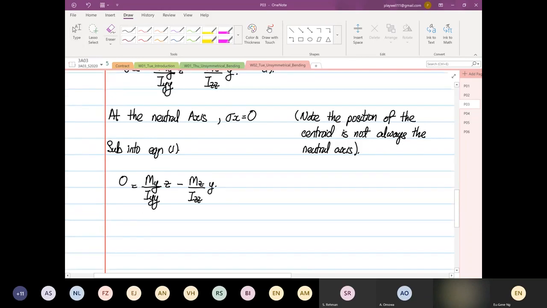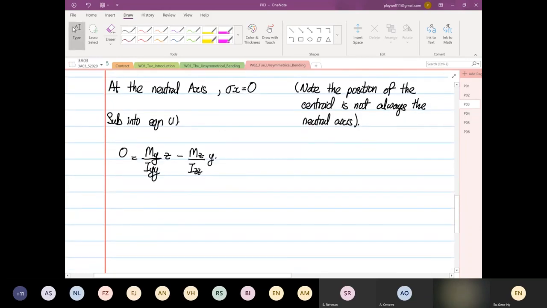So then you equate both of them. So when we rewrite this, we have MZ over Izz Y is equal to MY over Iyy Z. Okay. So this I will call my equation 2.